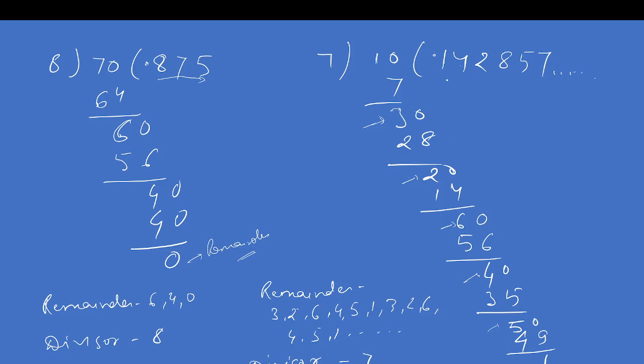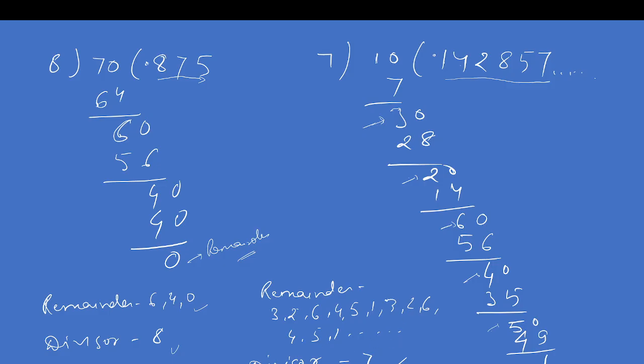So this part will repeat itself in dividing, it will not terminate. Here the remainders are 3, 2, 6, 4, 5, 1, 3, 2, 6, 4, 5, 1. It will go on repeating itself. Here the divisor is 7.